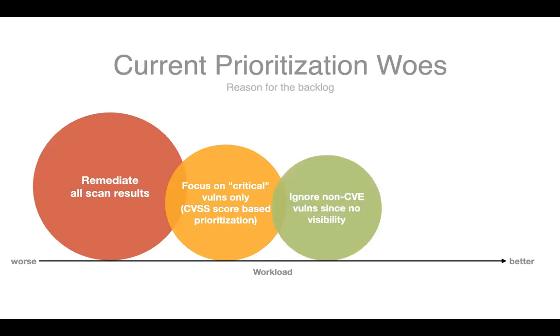Most folks just ignore the non-CVE vulnerabilities. This is a bad idea because we see these used in exploit kits all the time. But most people, just because of their tooling, don't have visibility into it, so they choose not to remediate it. And then you miss out on this set of vulnerabilities that we know about that are likely exploitable.